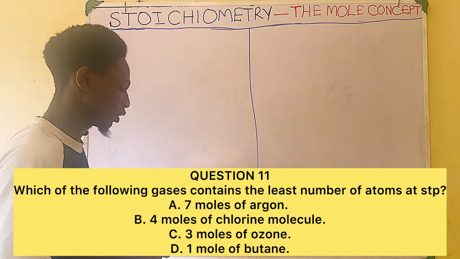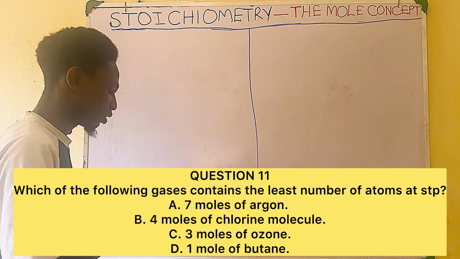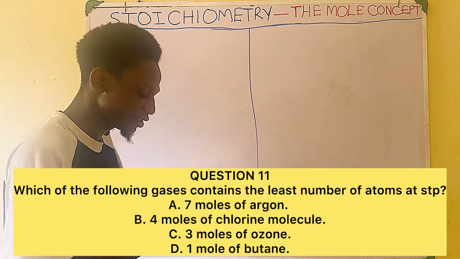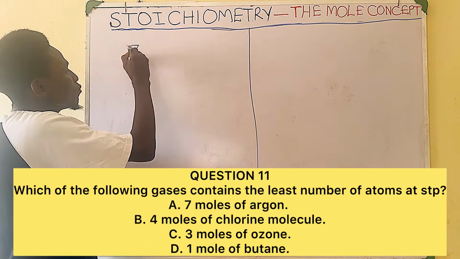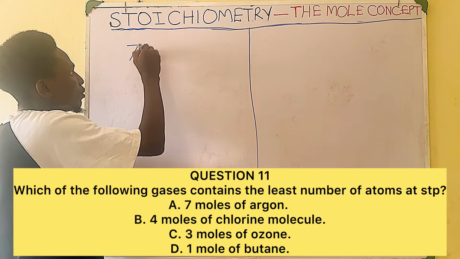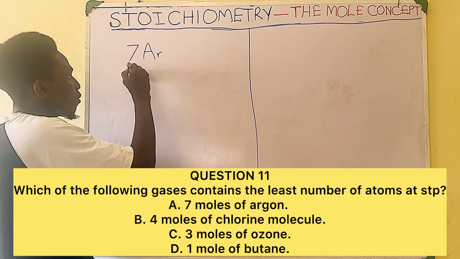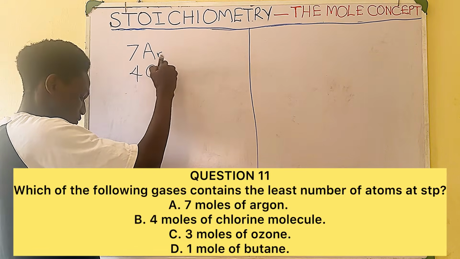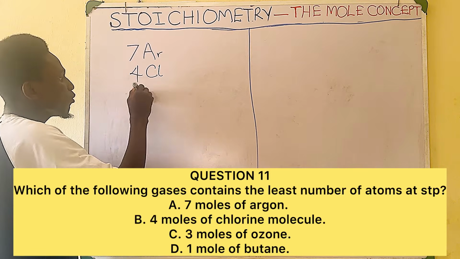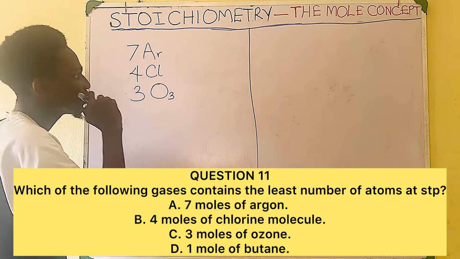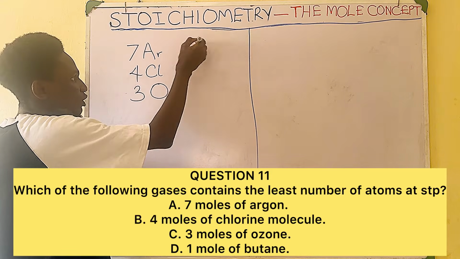Now, quickly, the next question is similar to the previous question. It says, which of the following contains the least number of atoms at STP? We have 7 moles of argon, then 4 moles of chlorine, then 3 moles of ozone. Ozone is O3 from your inorganic chemistry, you know that ozone is O3, oxygen is O2.